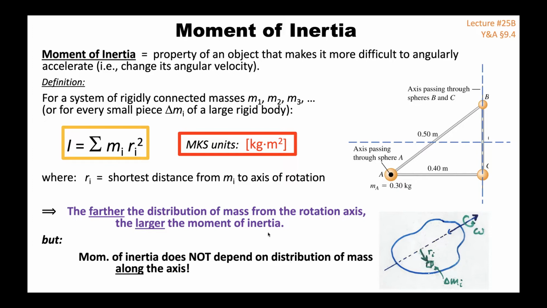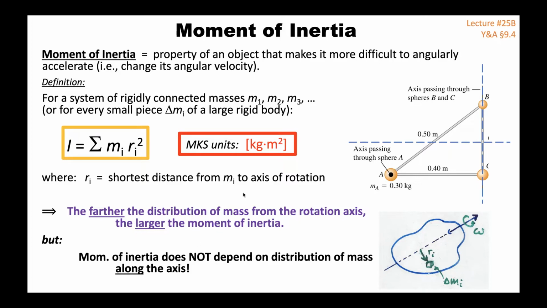The general thing that I'd like you to just remember about moment of inertia is, notice that if we could take these little masses and move them all farther from the spin axis, then we would increase the moment of inertia. On the other hand, if we could take those little masses individually and move them all closer to the spin axis, then we would decrease the moment of inertia.